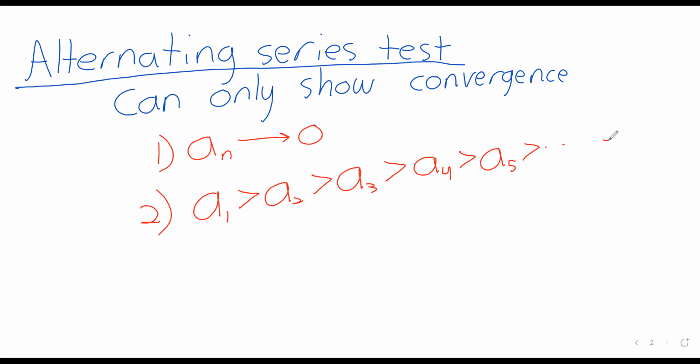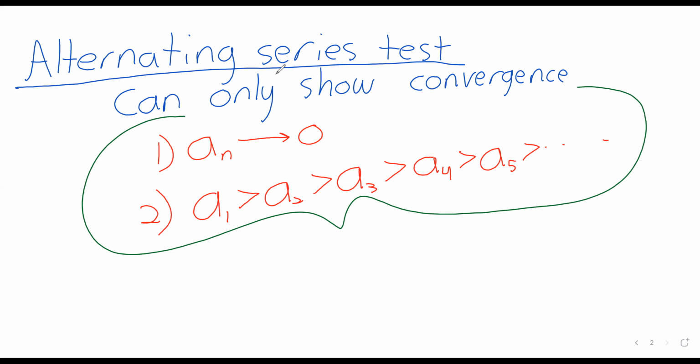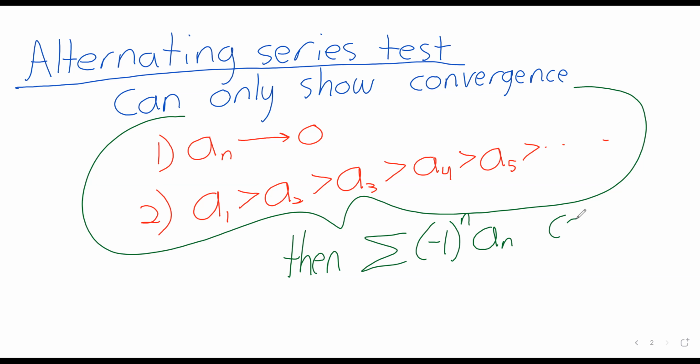Let's first give the punchline, what this test is saying. If 1 and 2 are satisfied, then the alternating series, so the series that has these terms in it, alternating between positive and negative, converges.